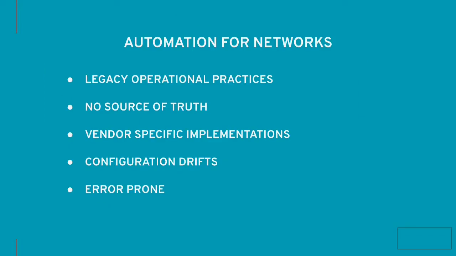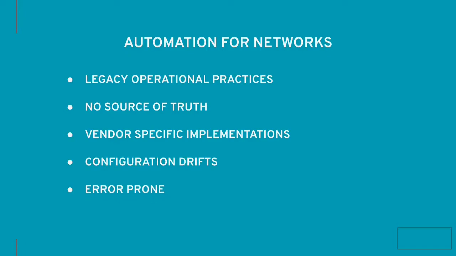Okay, so why we need to automate networks, or what is the problem with manually handling all the complexities or performing the tasks there. So first thing is legacy operational practices. Managing network hasn't changed much for years now, and most of the network engineers are not much into programming, right?